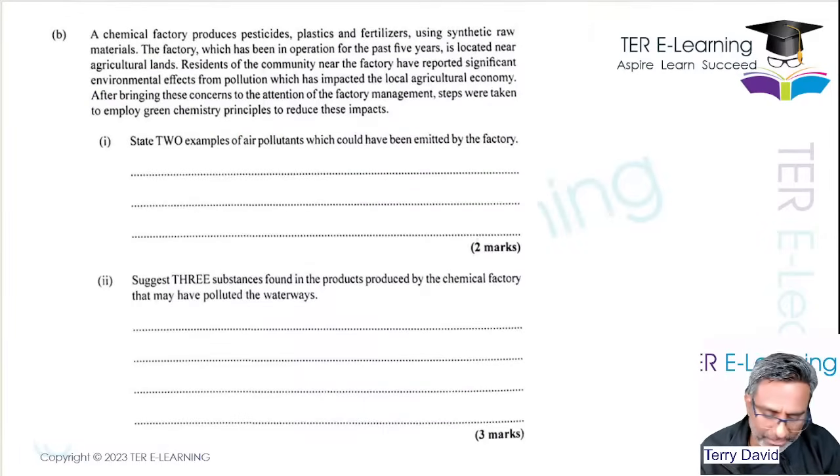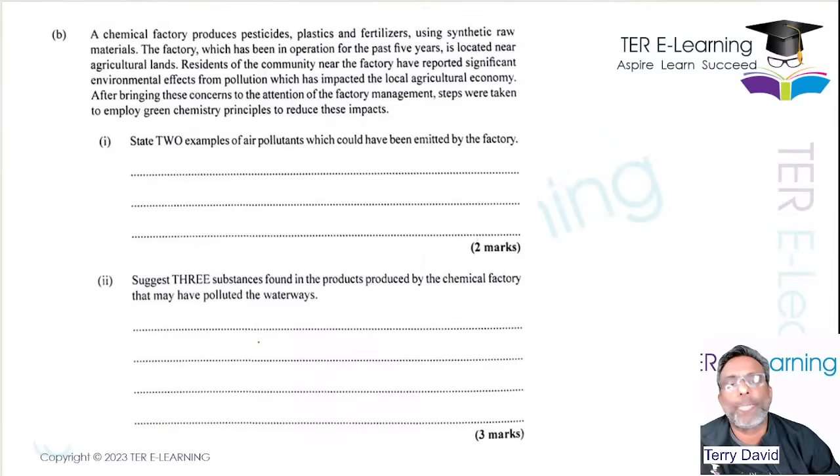Now in this piece here, they're telling us about a factory. The description is basically repeated here. A chemical factory produces pesticides, plastics, and fertilizers. All of these things are bad things. Using synthetic raw materials. The factory, which has been in operation for 5 years, is located near agricultural lands.